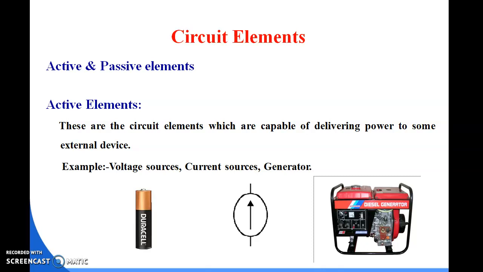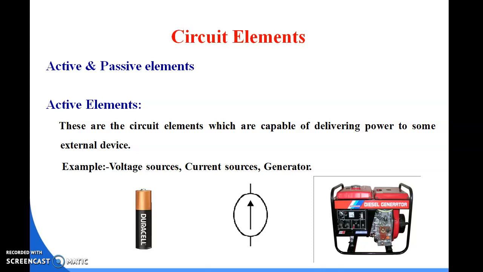Active elements are capable of delivering power to some external device, which means these are the elements which activate or produce current in a circuit. Okay, that is known as an active element.